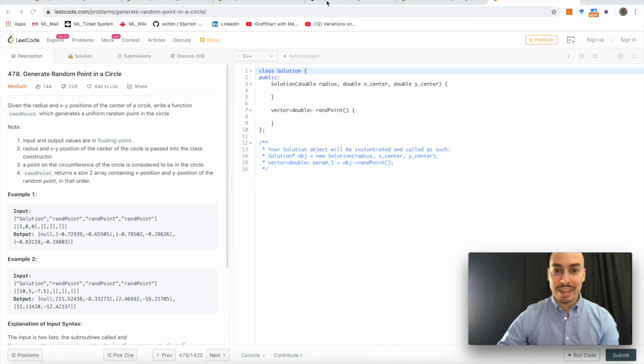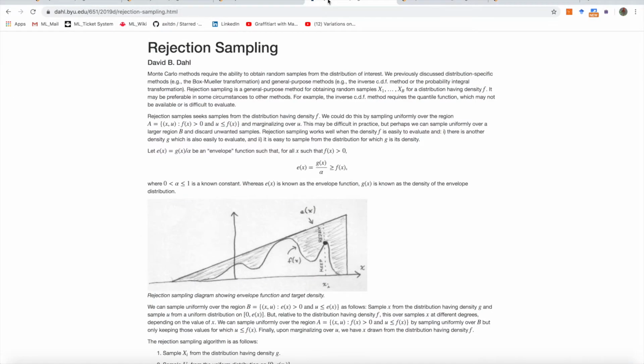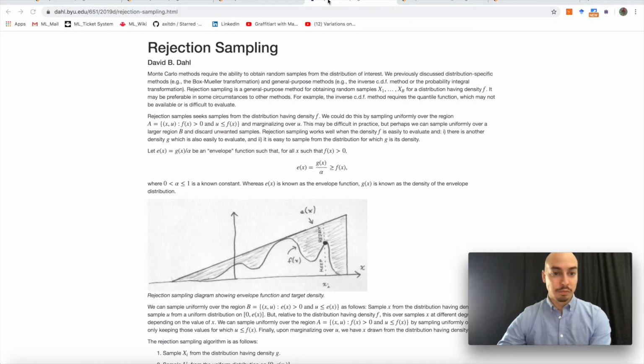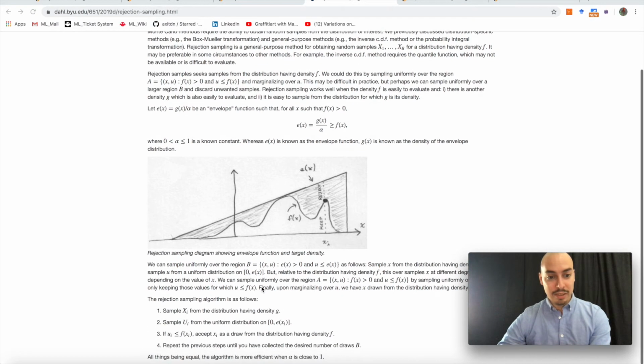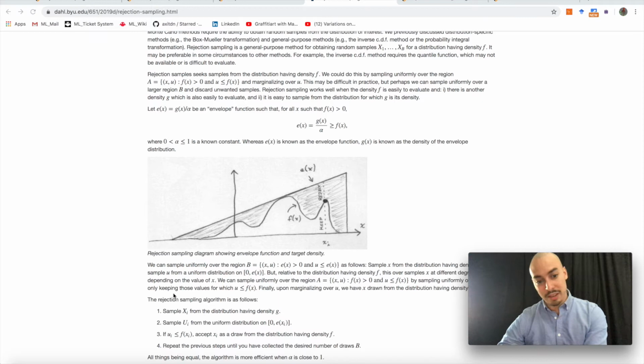Now let's have a look at the theme, which is rejection sampling. And for today's explanation, we found a nice website presented by David B. Dahl, specifically on rejection sampling, where he basically goes through the background, has a drawing on it, and defines the 4 steps necessary in the algorithm, which is key.